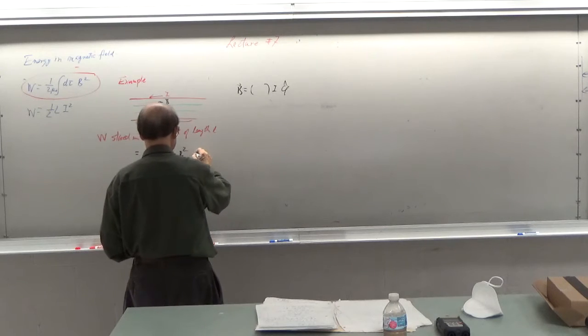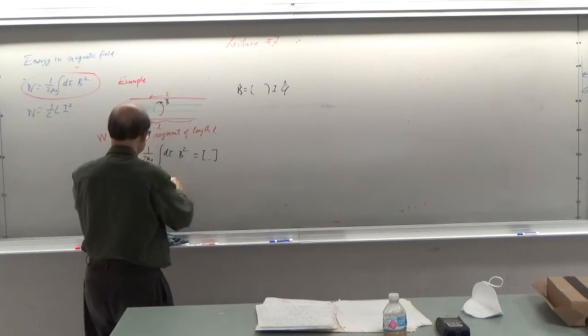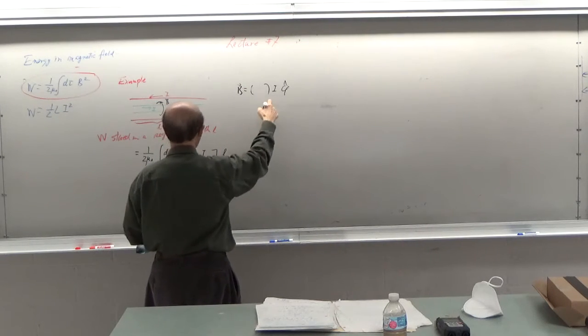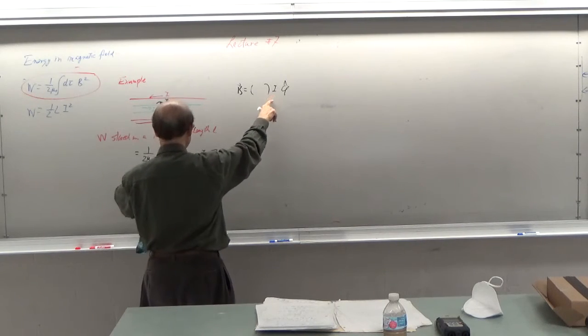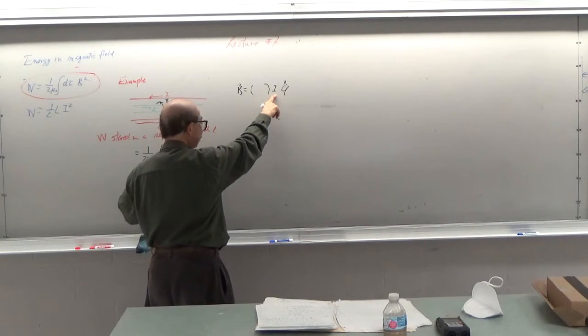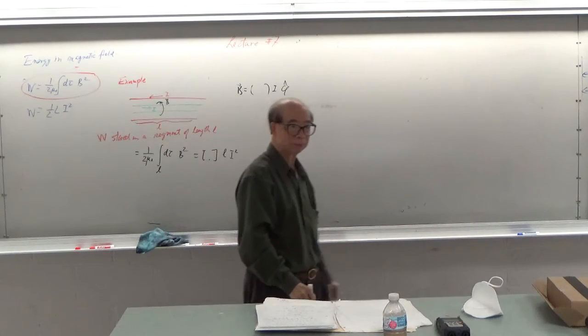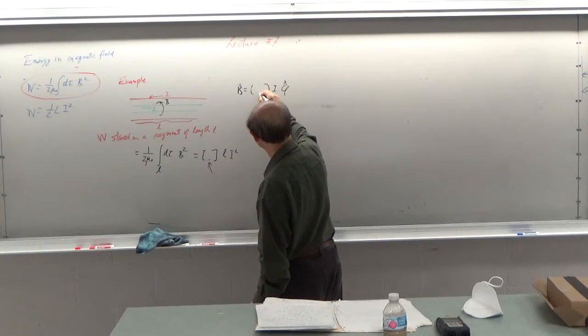And that can be done. That is equal to something. Obviously it's proportional to the length L, and since it's B squared, that would give us a factor of I squared. It's an exercise. Work this out.